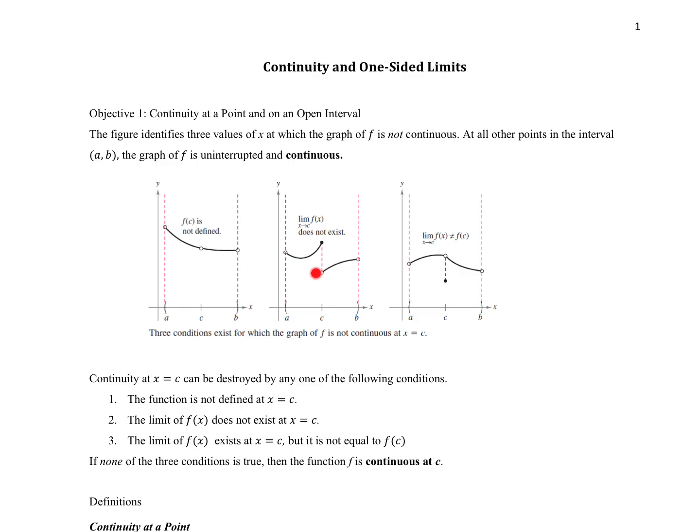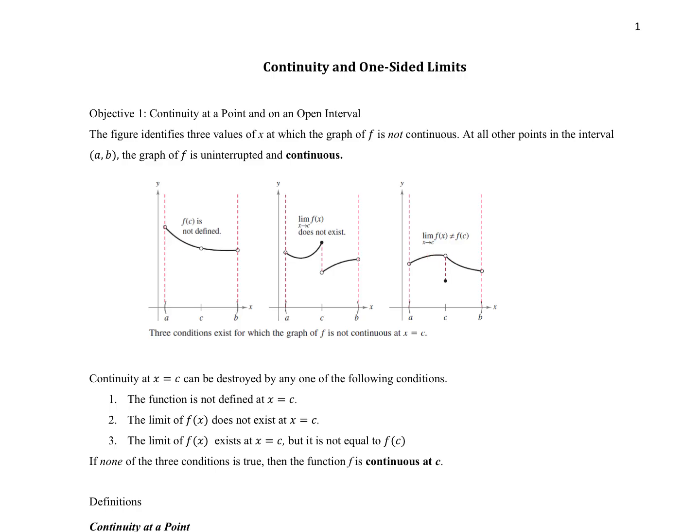So the limit doesn't exist in this case. It's not continuous. Now the last case, the function is defined at C, and the limit exists. However, the limit is not equal to the function value, therefore there's a gap in between.